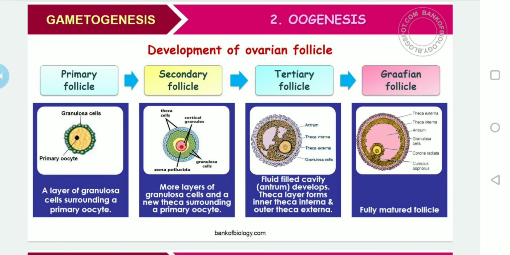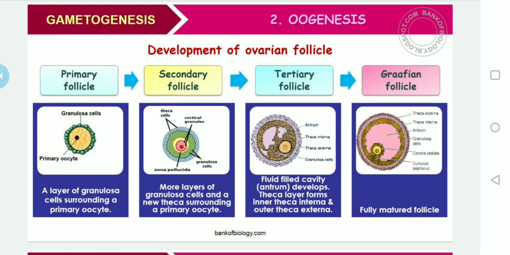In the development of the ovarian follicles, the primary follicle gets surrounded by more layers of granulosa cells and a new layer called the theca, and is called a secondary follicle.